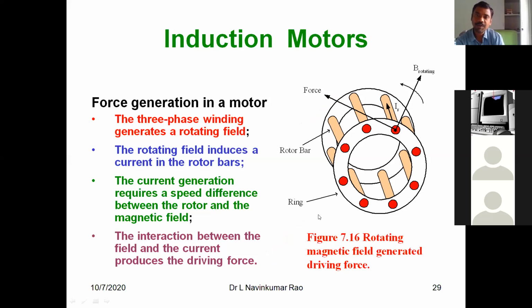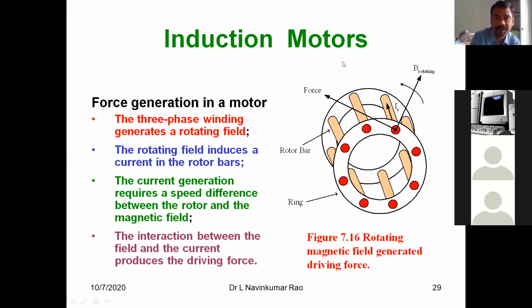Actually, what happens when you give a three-phase supply to the three-phase winding, a rotating magnetic field is produced. This rotating magnetic field cuts the rotor conductor and EMF is induced, the generator principle. Because of the EMF induced in the rotor conductor, and the rotor circuit is short circuited through end rings, current flows in the rotor conductors.